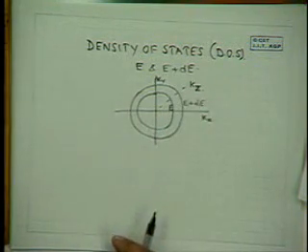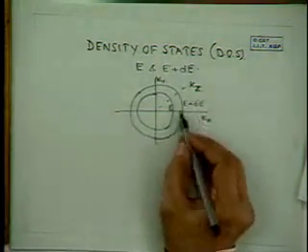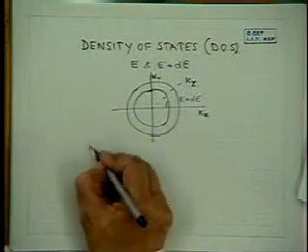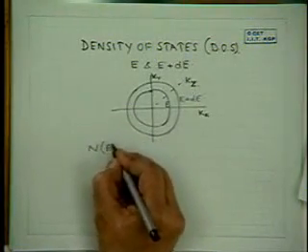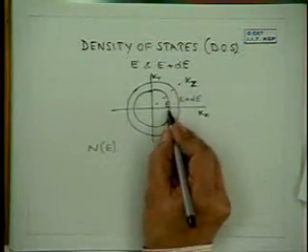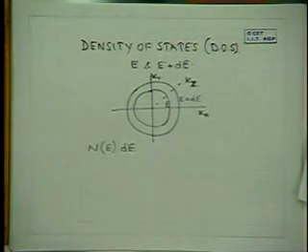We want to find out how many such states N(E) are there in this annular space having a difference of energy dE.